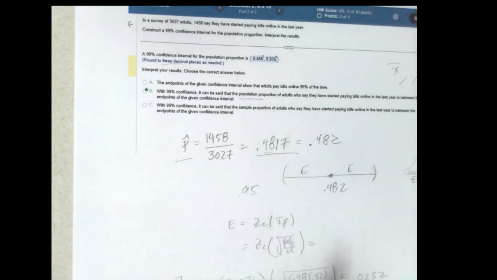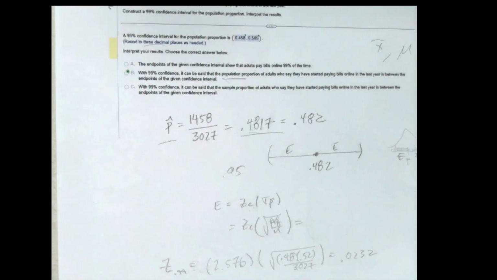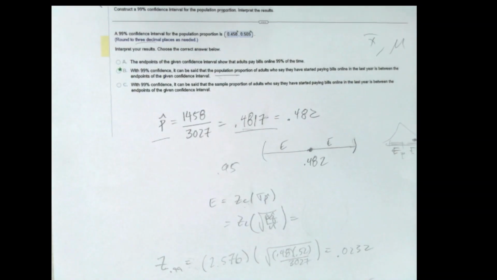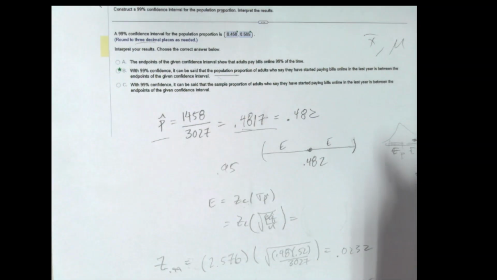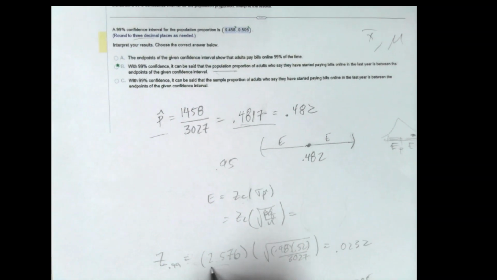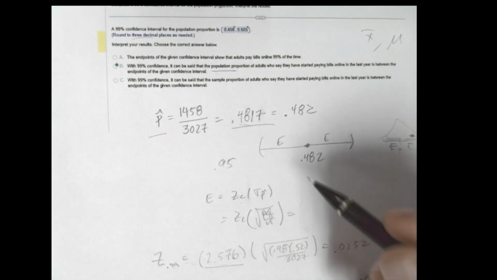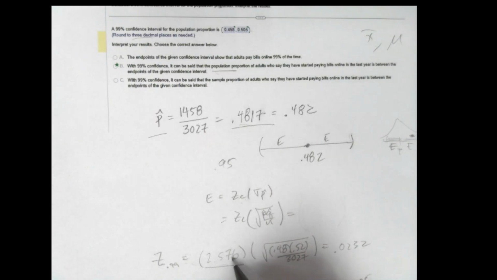You get that from your stat calculator, normal, because it's a normal distribution with proportions. For 99%, it comes out to be 2.576. So ZC corresponds to 2.576, and this is 2.576 standard deviations.